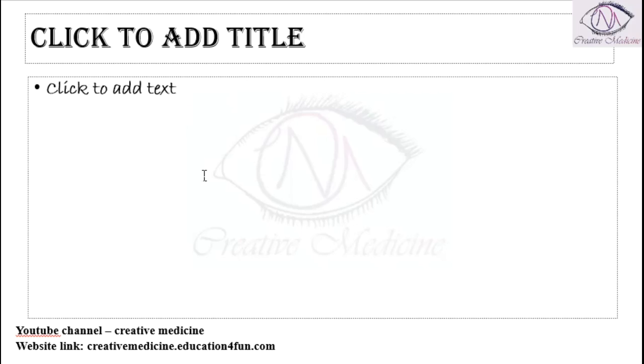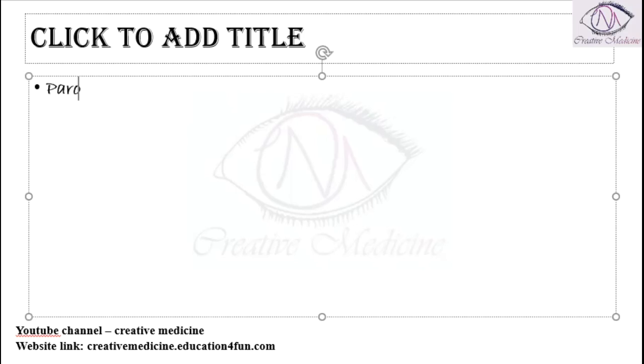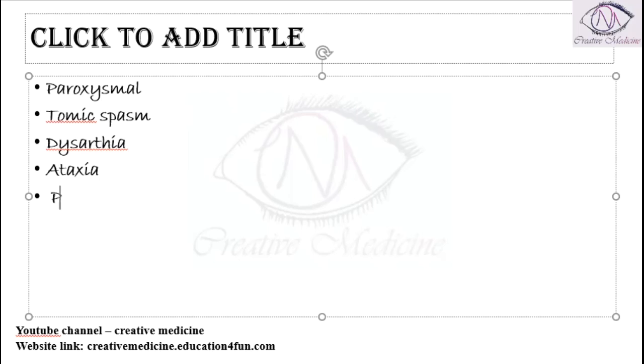The patient can also have paroxysmal symptoms, which are common in multiple sclerosis, like tonic spasms, dysarthria with ataxia, diplopia, paresthesias, and even pain sensation.